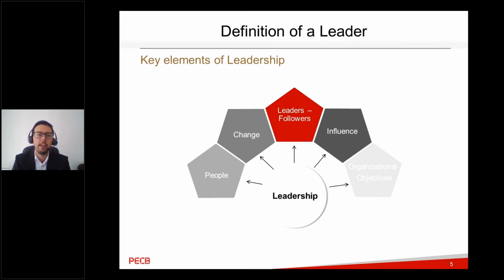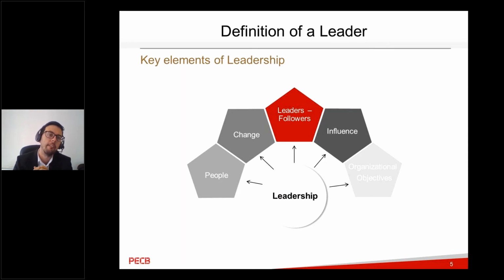So in fact, this element means how leaders try to influence followers. Then we have organizational objectives, which means how leaders use their influence for good, in the sense of helping the organization reach its objectives. We have people as part of the leadership definition, because interpersonal and people management skills are very important when it comes to building trusted relationships, as we have mentioned time and time again.